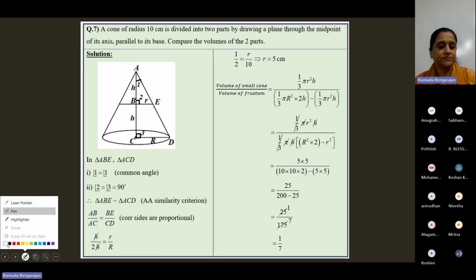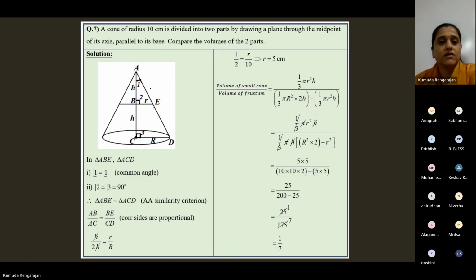and look at this one. I'll read the question for you. A cone of radius 10 centimeters. Okay, that's the whole cone. It is divided into 2 parts by drawing a plane through the midpoint of its axis.